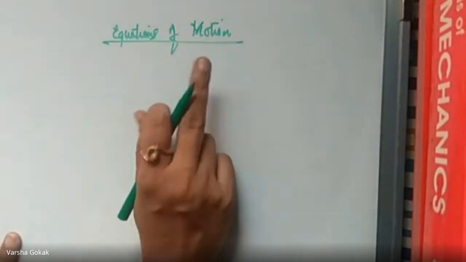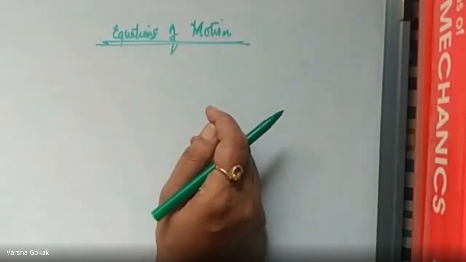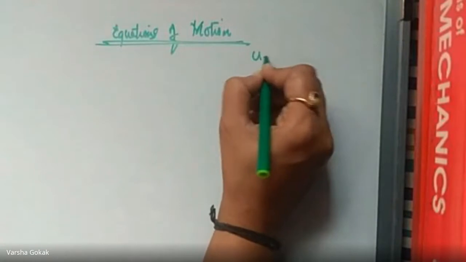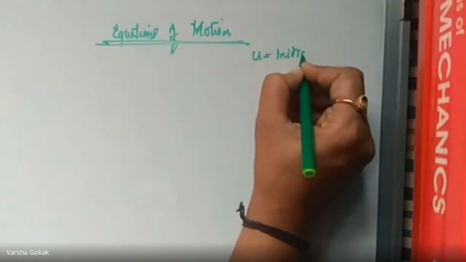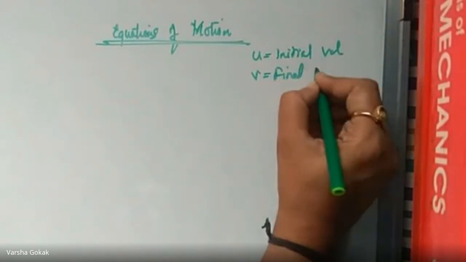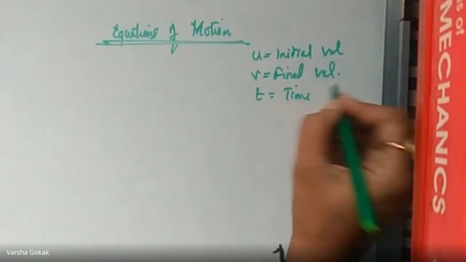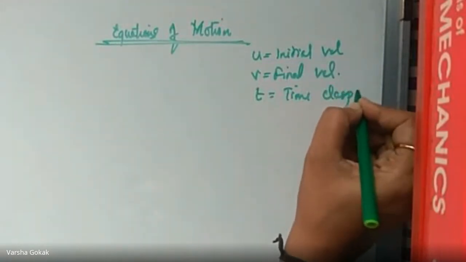So let's see how it goes. Now we know that u is the initial velocity, v is the final velocity, and t is the time elapsed or time taken, anything you can call it.